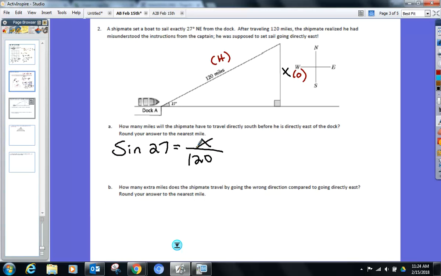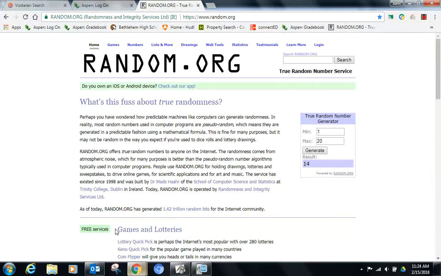It's opposite over hypotenuse. It's never hypotenuse over opposite. All right, cross multiply. X will be equal to 120 times the sine of 27. And what's it asking for? Round your answer to the nearest mile. So nearest mile.